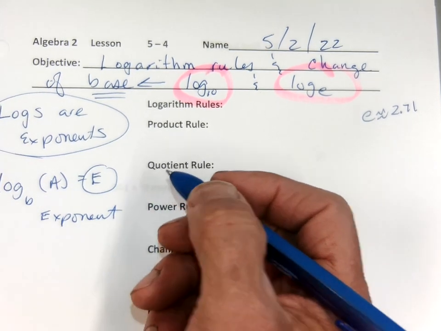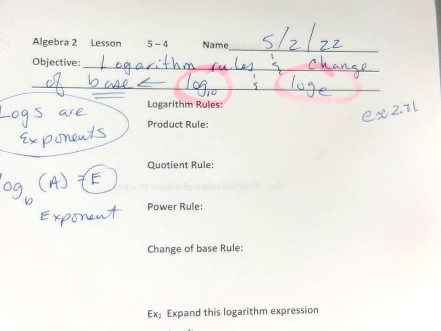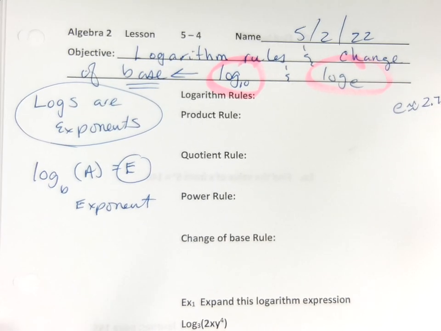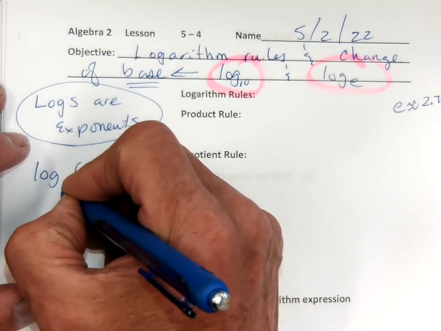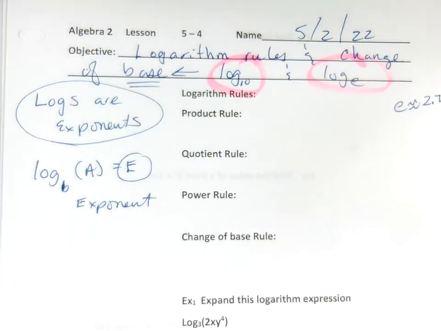We've gone from exponential form to log form, and log of any base of an answer is always equal to the exponent. So logarithms are exponents.